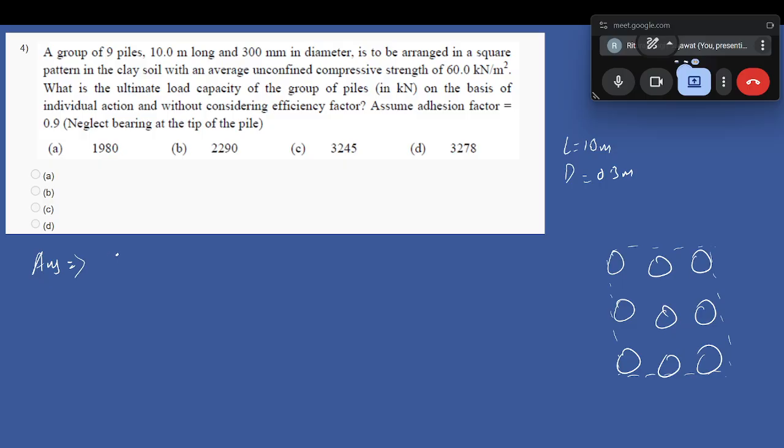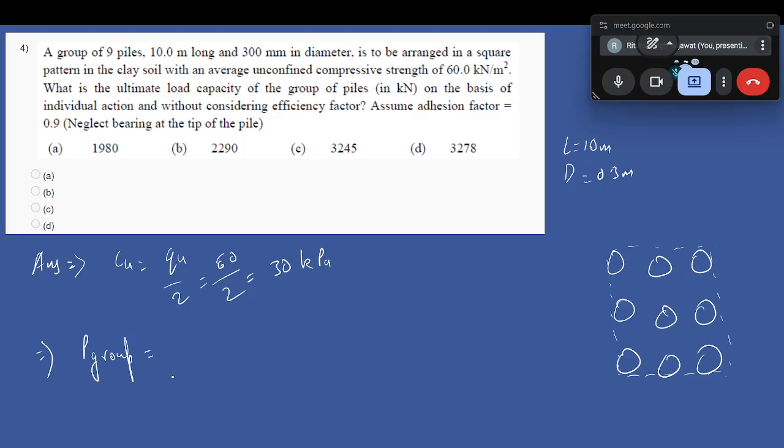Using the unconfined compressive strength, you can calculate the cohesion, which is qu by 2, which is 60 by 2. This is none other than 30 kPa. Now you need to calculate the ultimate capacity of the group pile. You don't need to consider the efficiency factor, and also you don't need to take into account the bearing capacity.